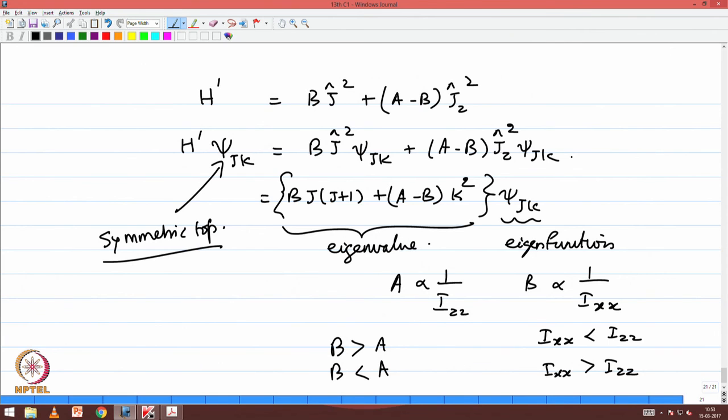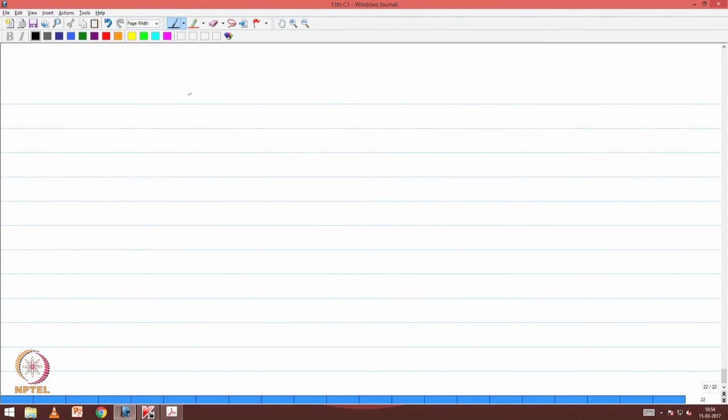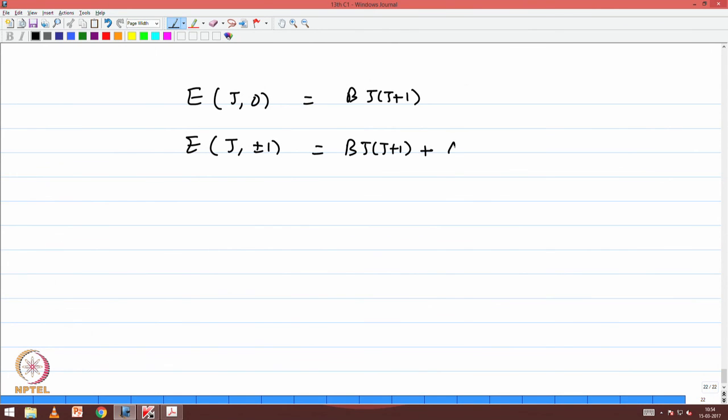First, we will write down the energy levels. Therefore, E j comma 0 is b j into j plus 1, E j comma plus minus 1 is b j into j plus 1 plus a minus b, and E j plus minus 2 is b j into j plus 1 plus 4 a minus b k squared, and so on.